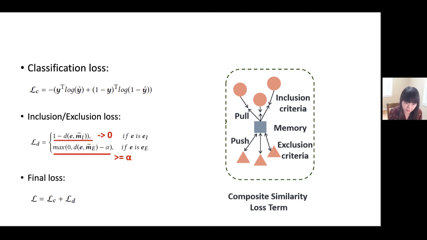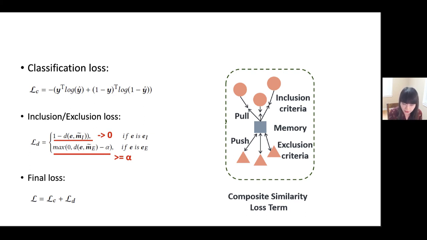This boils down to minimize the distance between the retrieved patient memory and the embedding for inclusion criterion while maximize the distance between the memory and the embedding for exclusion criterion. In this equation, if a patient matches the inclusion criterion, the model will minimize the cosine distance between the two embeddings to make the term close to zero.